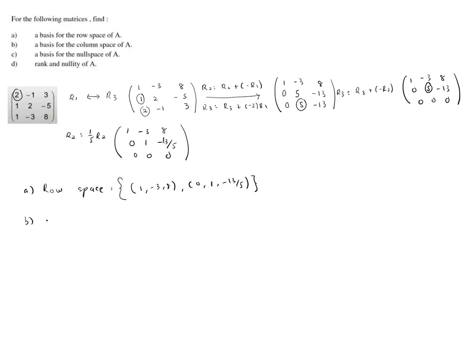And then B, column space. Column space 1 and 2. So we have 2 columns: 1, 0, 0, and also negative 3, 1, 0. And then C, the null space.